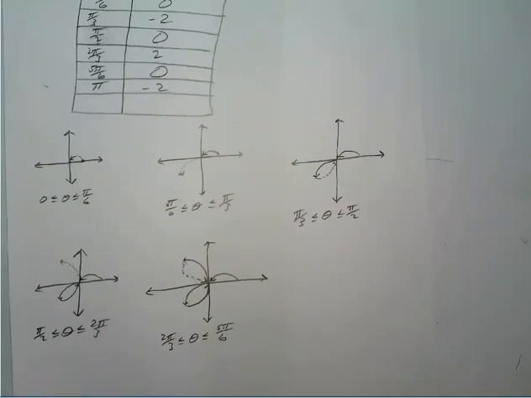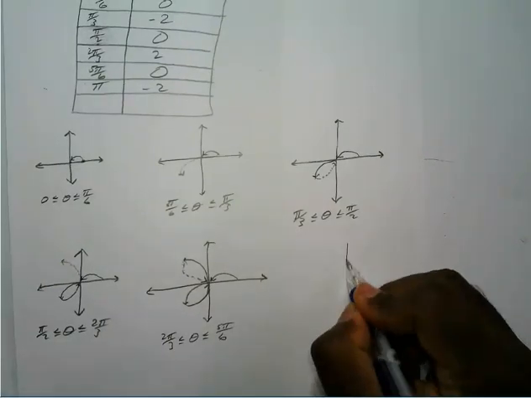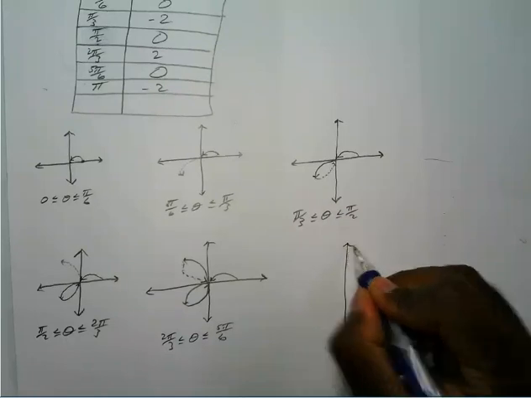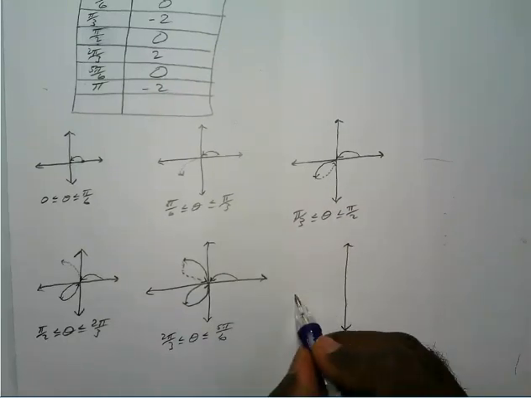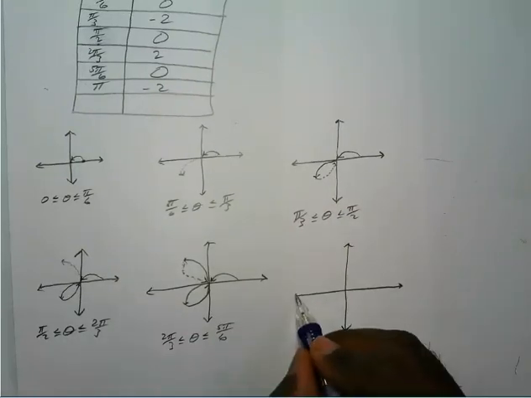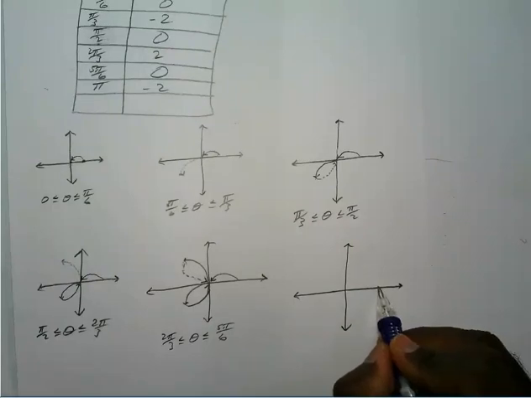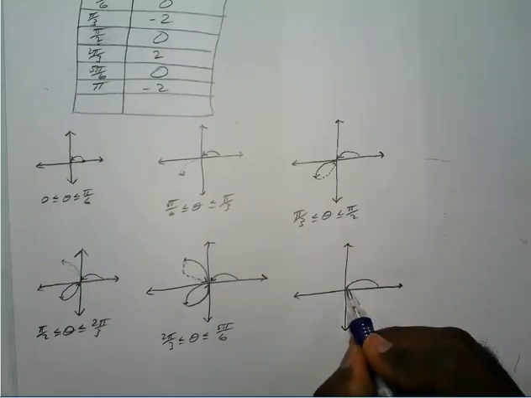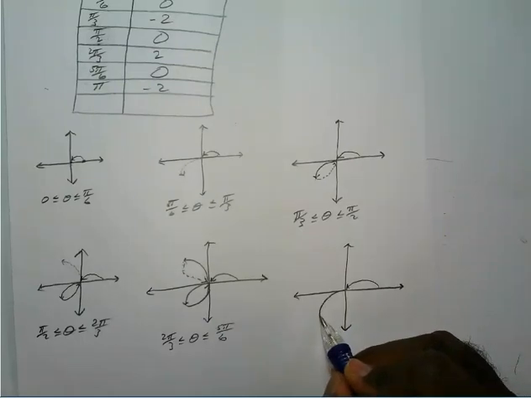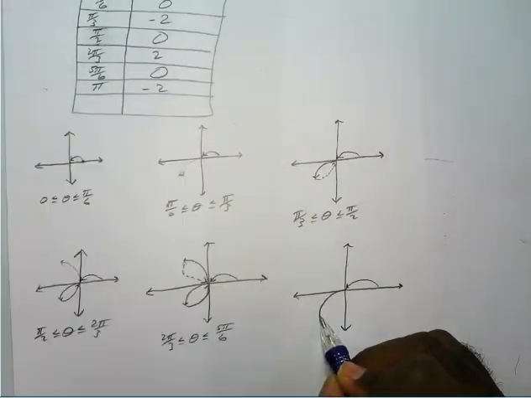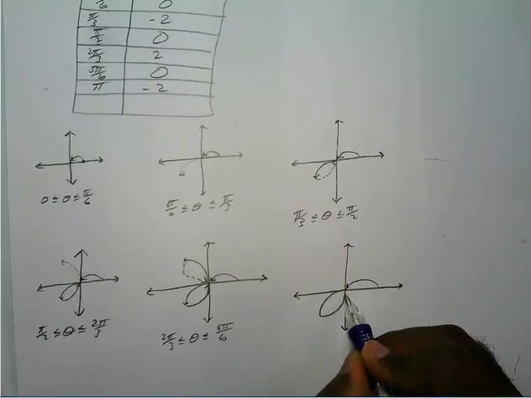Okay, so now we just have to go from 5 pi over 6 to pi, which will show us our completed graph. Okay, so remember from our first graph, we went from here to here. Our second graph went from here to here. Our third graph, right up here, took us here.